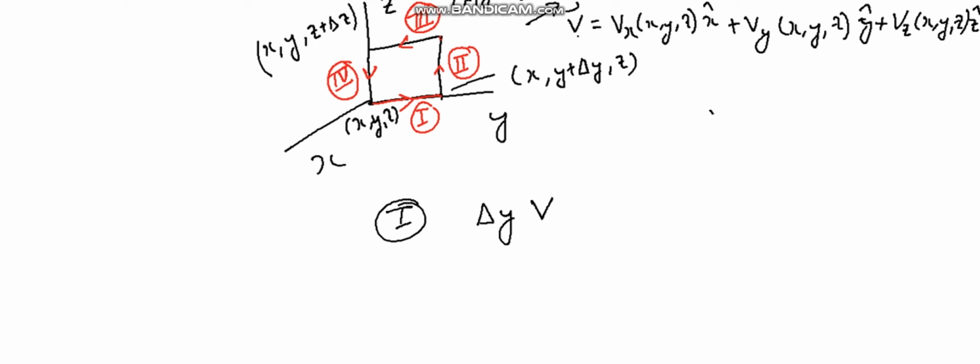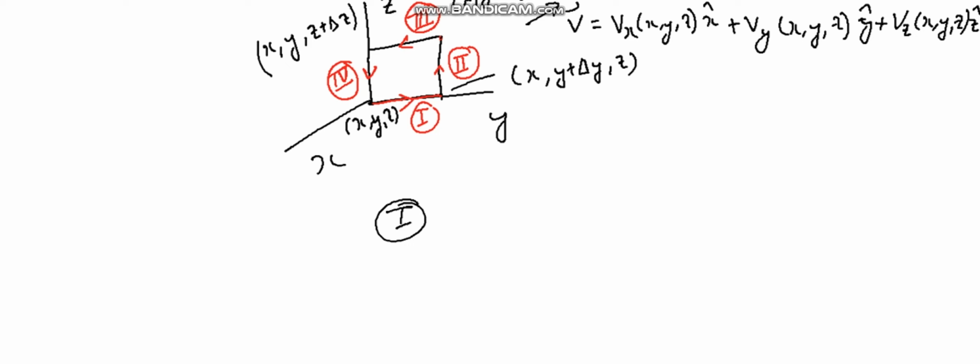So it is going to look like V dot dl, and for path 1, dl is nothing but delta y along the y cap direction, of course. Let me write it properly so that it will be much clearer.